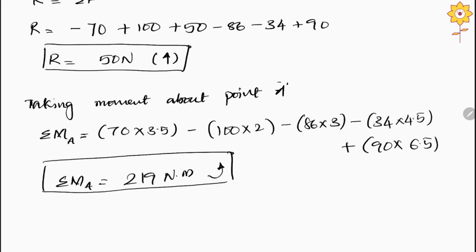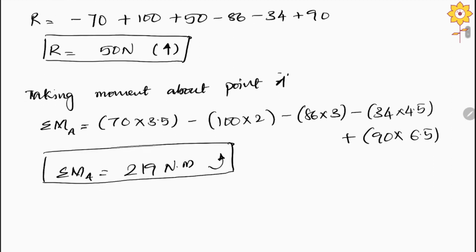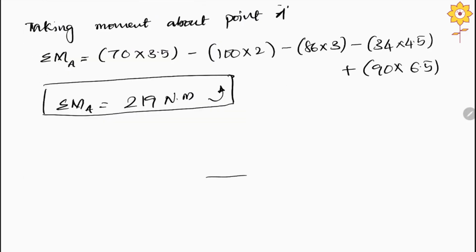So we have to find out the equivalent force and couple at point A. Since we found out this moment at the point A, we can redraw the diagram like this.